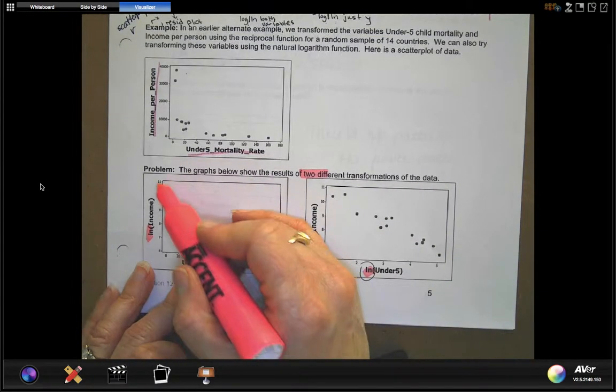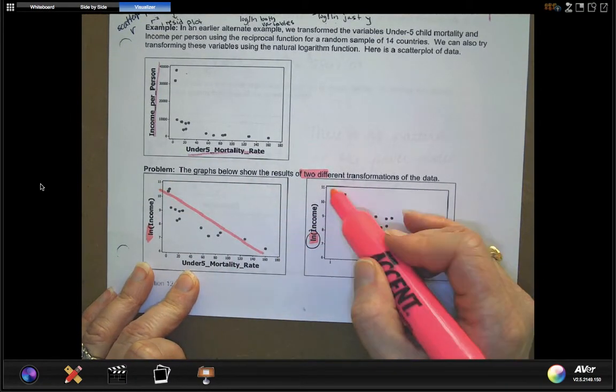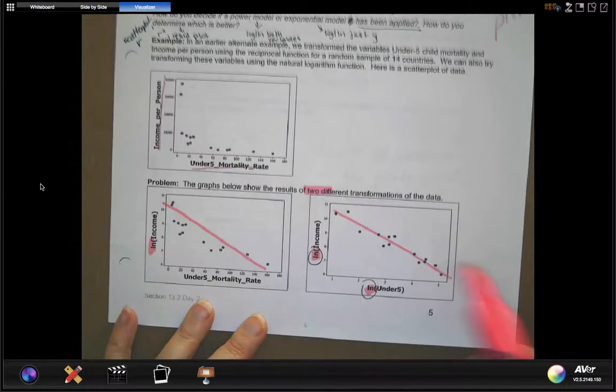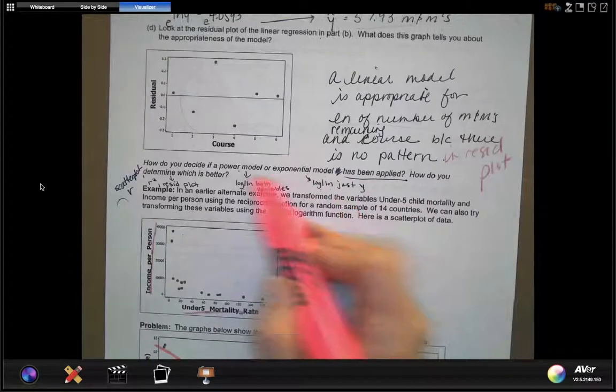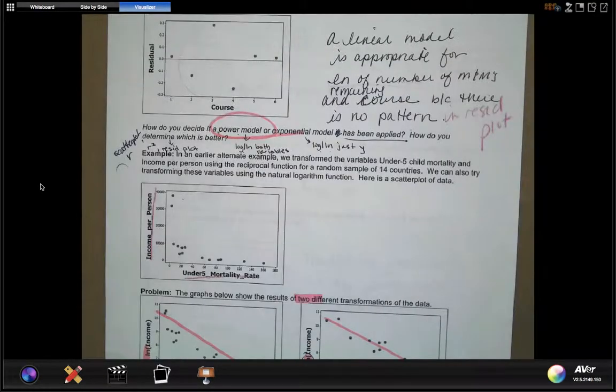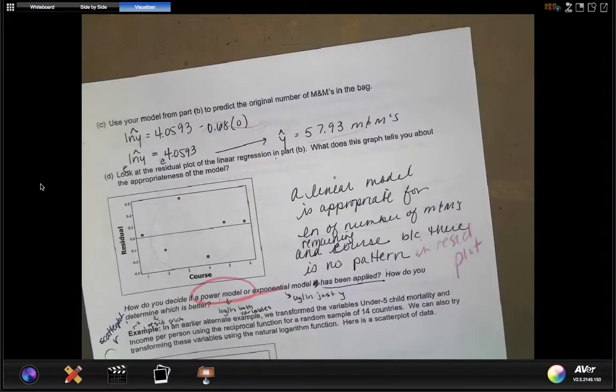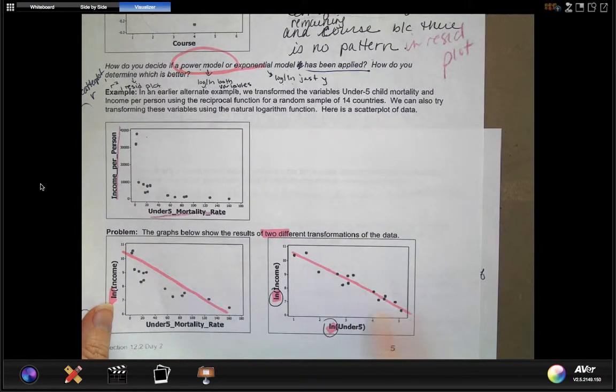Which one shows a better linear fit? The second one. So since I took the ln of both, it's following a power relationship. So why would the power model provide a more appropriate description of the relationship between income per person and under 5 mortality rate? Because the scatter plot shows a stronger linear relationship, okay?